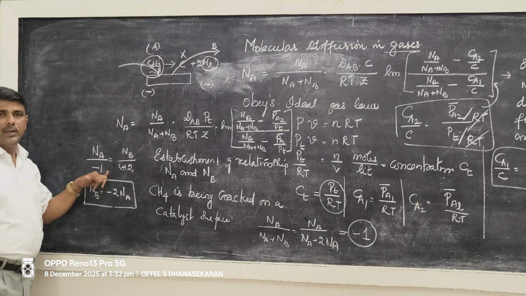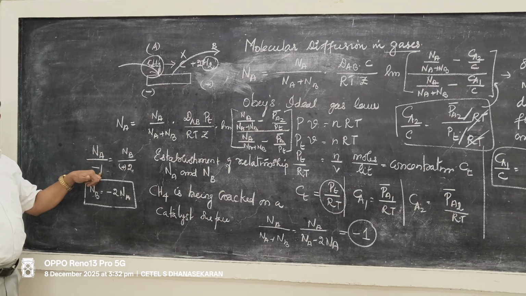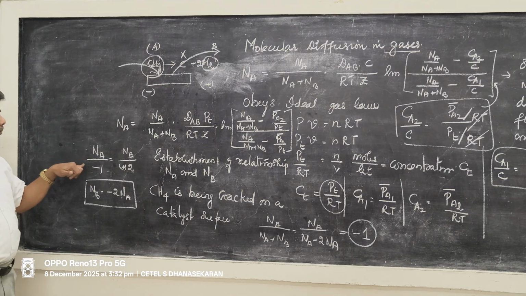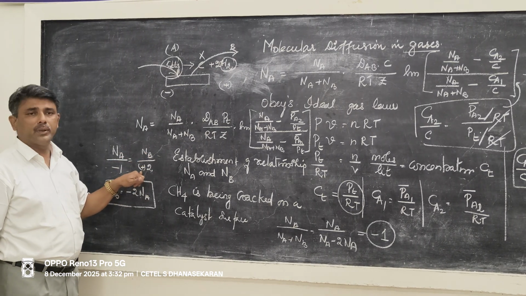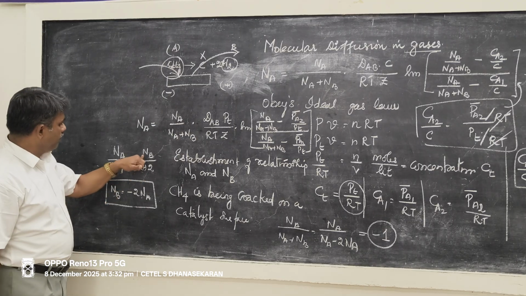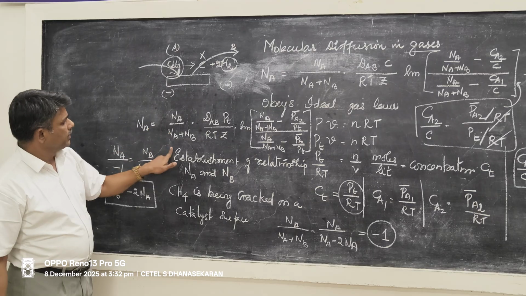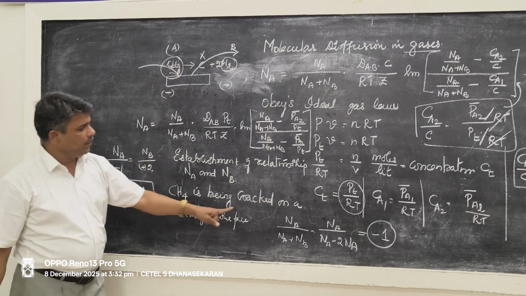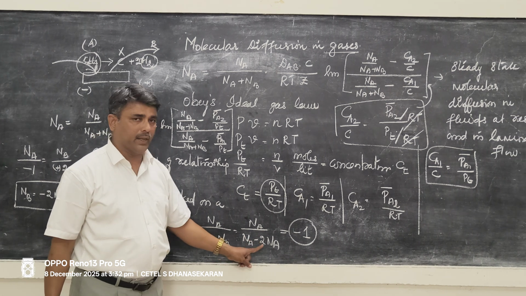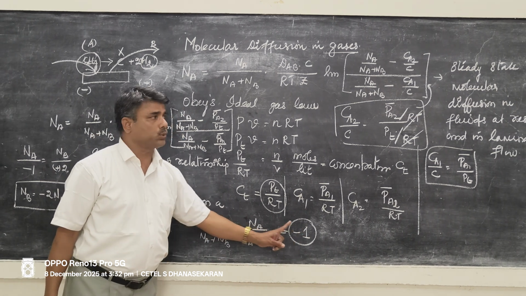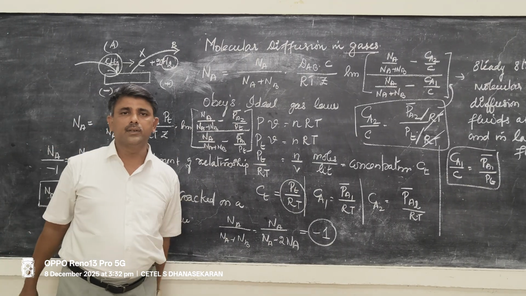This is flux, this is the stoichiometric coefficient: 1 mole of methane, on the reactant side, hence I put minus; 2 moles of hydrogen, on the product side, hence I put plus. So NB is equal to minus 2NA. Substitute this relationship in the equation. So NA divided by (NA plus NB) is NA divided by (NA minus 2NA), so this will be minus 1. Substitute this NA, NB relationship in this equation and get the final equation. Thank you.